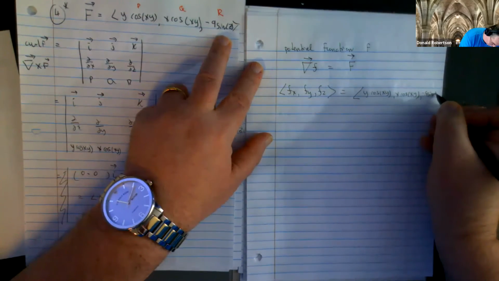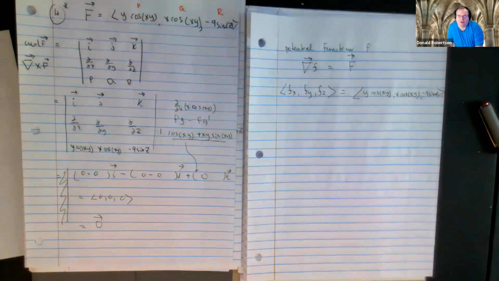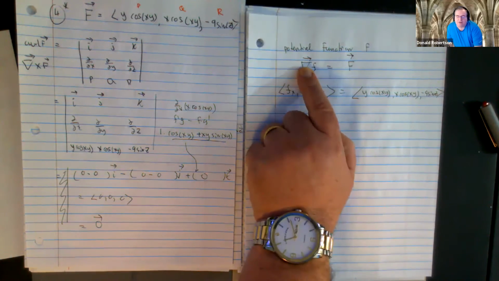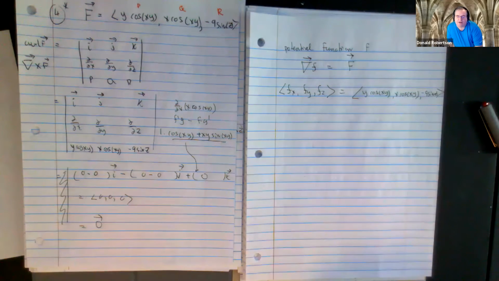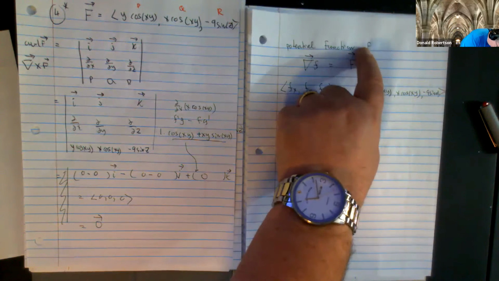So we're actually returning to something we've done in the past, which is find a potential function. Because you could use this, couldn't you, if you were going to do a line integral. We're not going to do a line integral. We're just going to find little f and call it good.